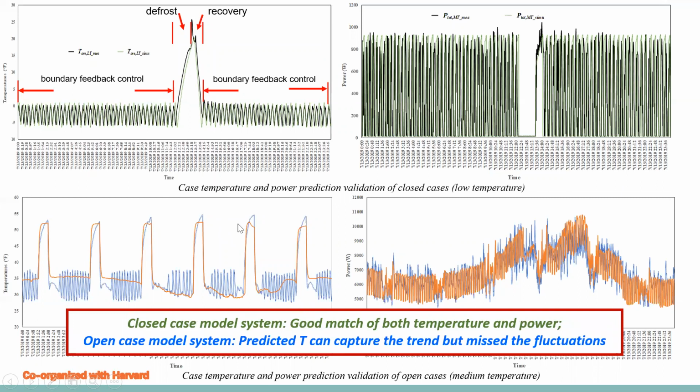In summary, the simulated low temperature system can achieve good performance in prediction of both temperature and power, while for the medium temperature case system, the simulated air temperature can capture the trend of the measured temperature, but it loses the fluctuation in the original measured temperature profile.